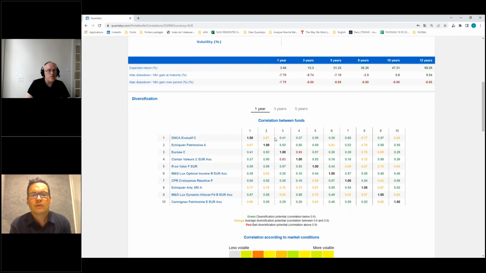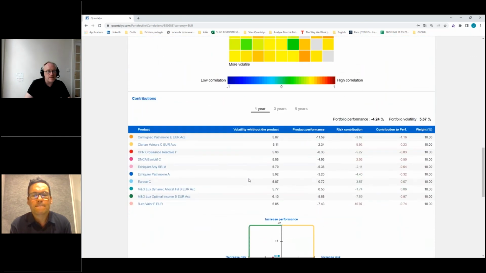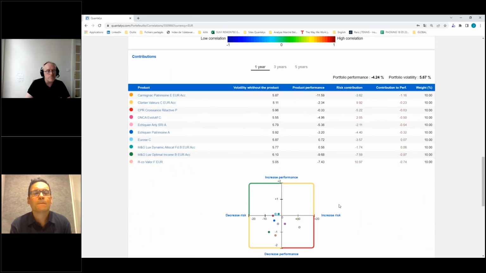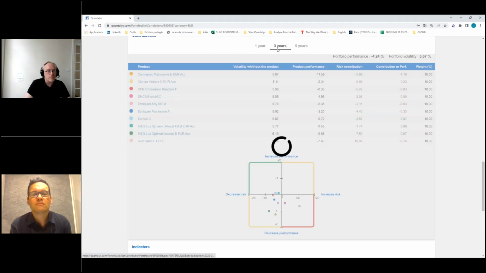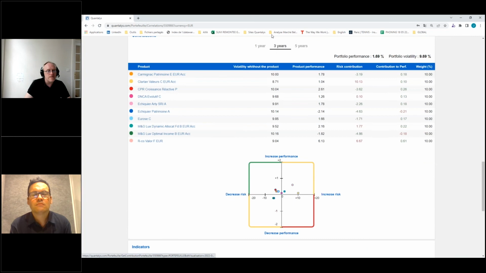Here you have the correlation between all funds available in this portfolio. And here you have a view of the contribution, meaning the role of each fund within this portfolio. You can have it on a 1 year, 3 year or 5 year basis. Here you can see that the ones in the lower left part of this graph are decreasing the performance and decreasing risk.